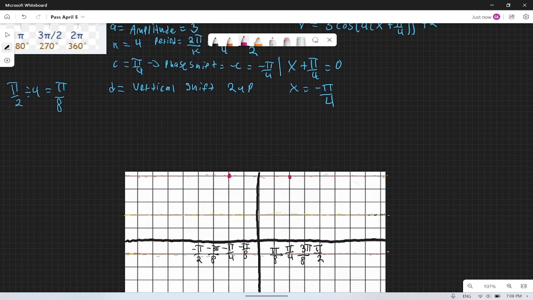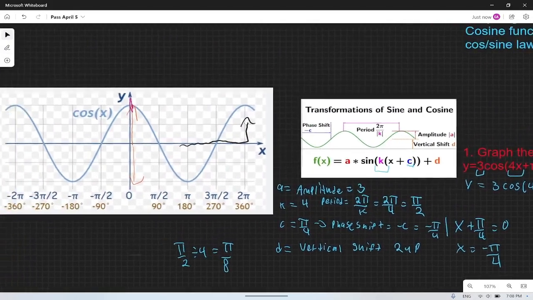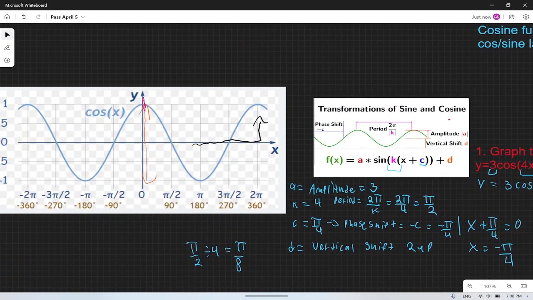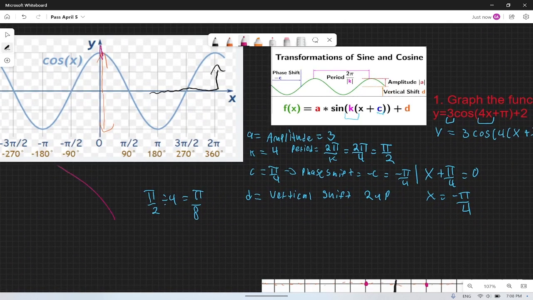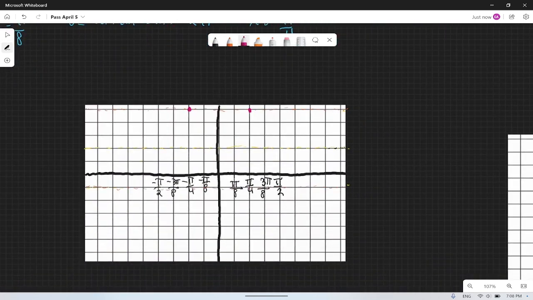So we know a cos function, one cycle starts at its maximum and it ends at its maximum. That means our graph starts at its maximum and ends at its maximum.